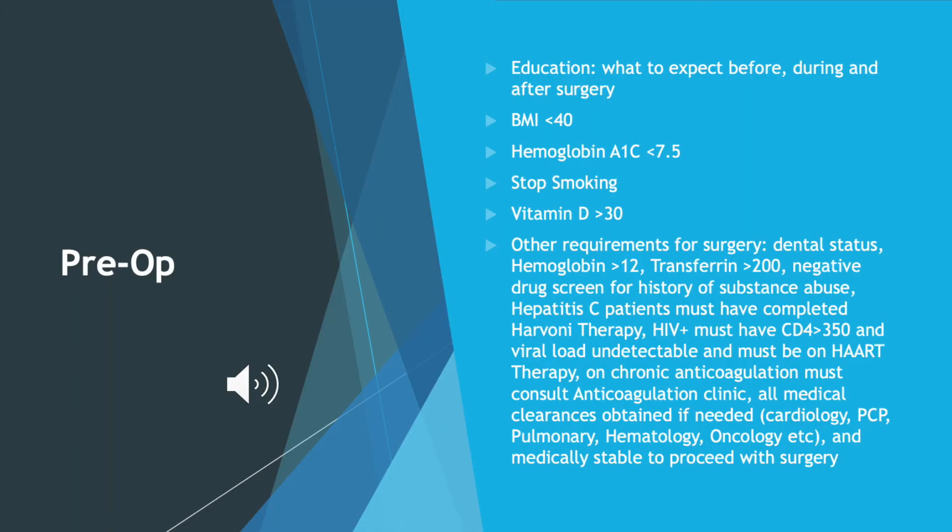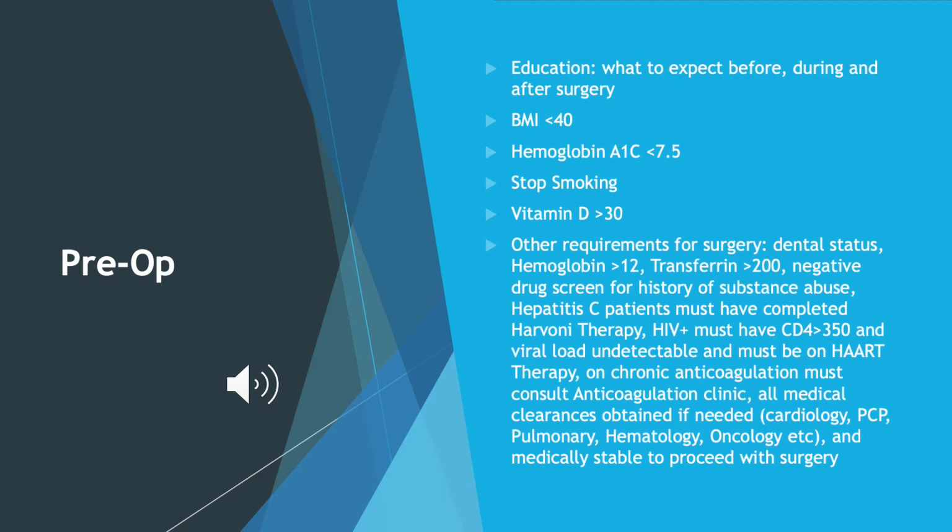Okay, so now let's review some pre-op qualifications and expectations that will happen during signing up and getting ready for a total knee replacement. You would get educated on what to expect before, during, and after surgery. They would want you to have a BMI less than 40, a hemoglobin A1C less than 7.5, to stop smoking, and to have a vitamin D greater than 30.